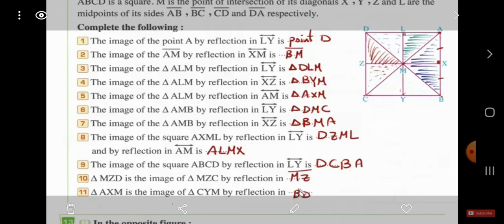Number 9: the image of square ABCD by reflection in LY, the y-axis, is DCBA. Number 10: MZD is the image of triangle MZDC by reflection in MZ. And finally, triangle AXM is the image of triangle CYM by reflection in BD.